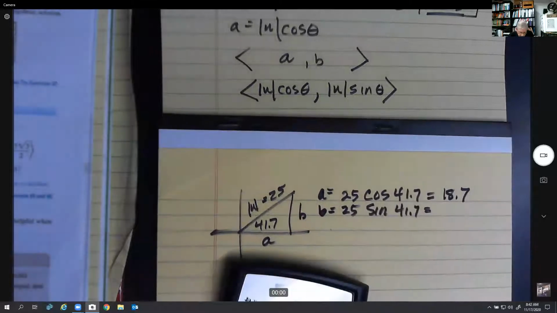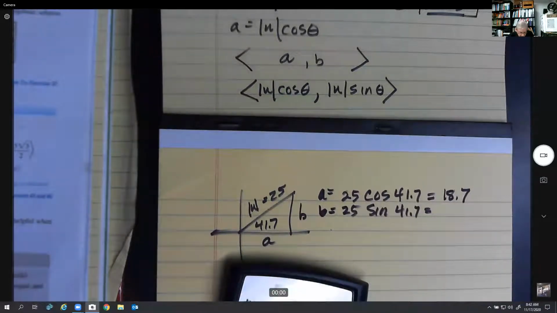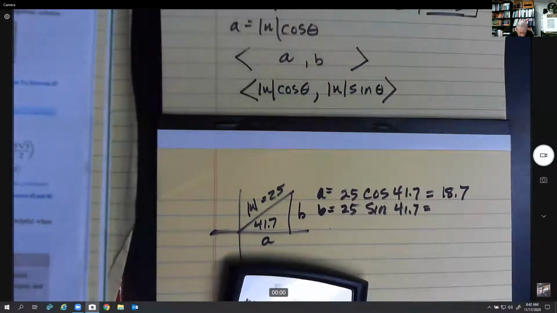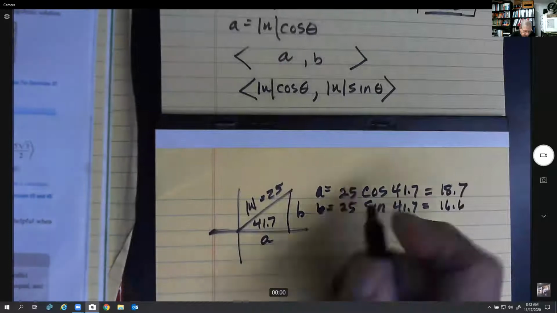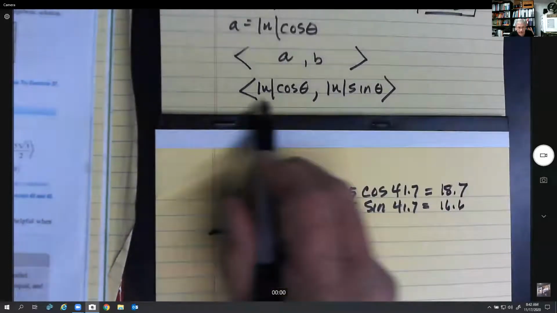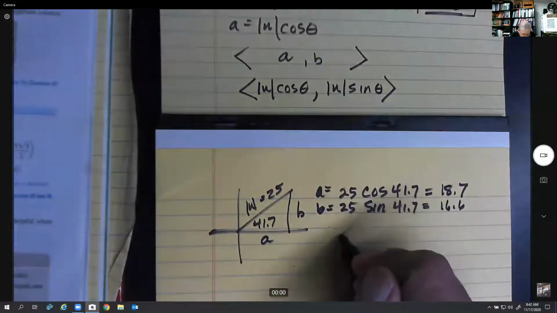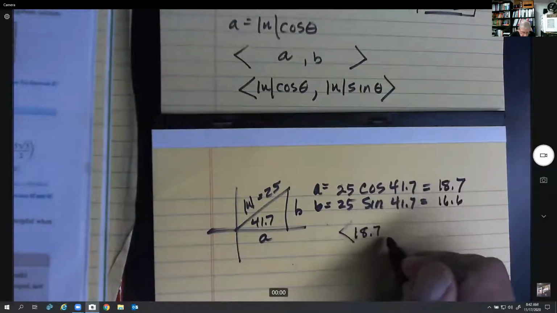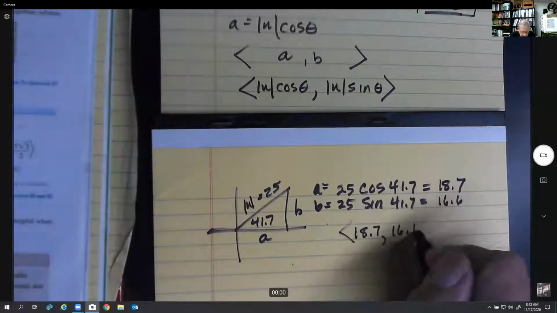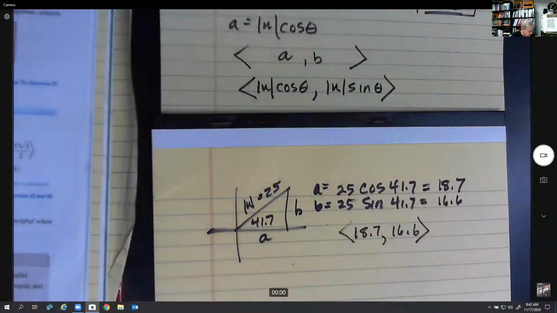If I'm using my calculator, all I've got to do is go back up here, do a slight adjustment, change that to sine, and hit equal: 16.6. So now, instead of writing it this way, I can just write it as 18.7, comma, 16.6. And that's all there was to it.